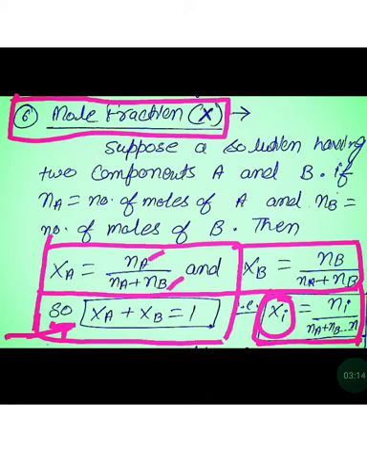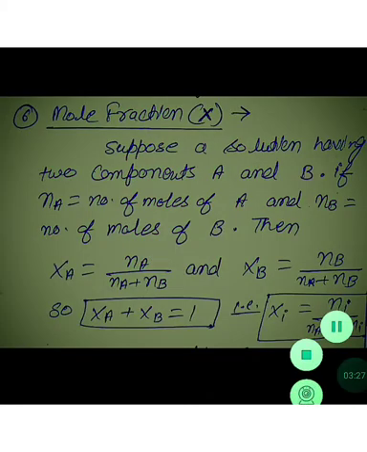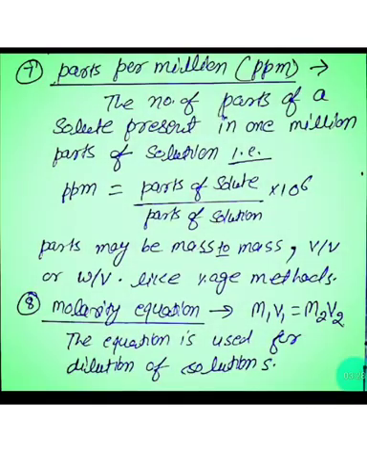So now the next concentration method is parts per million. Number 7. Parts per million, written as small p, small m, that is ppm.